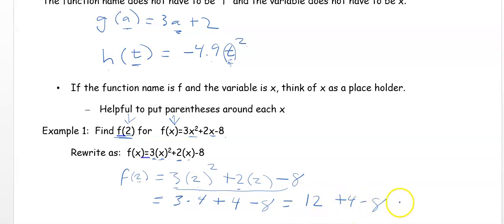I move left to right doing addition and subtraction in the order they appear. So I get 16 minus 8, or I get 8. So that tells me the point 2, because that's the number I used for x, 8, that's my y, is on the graph of this function.